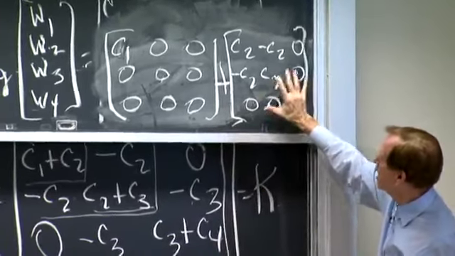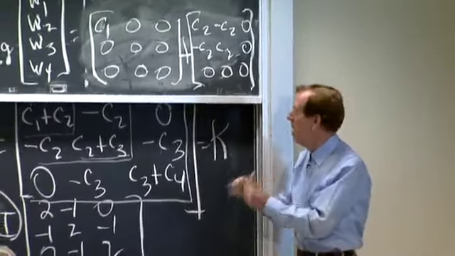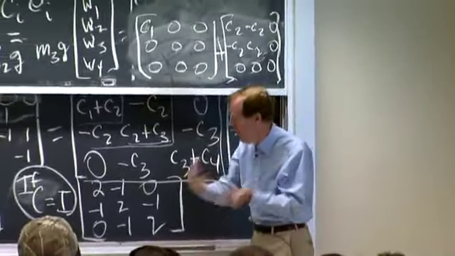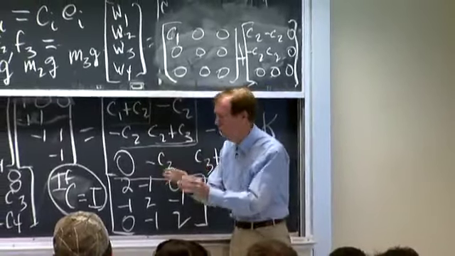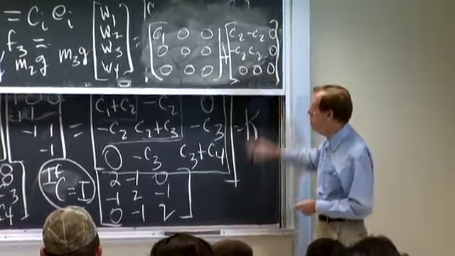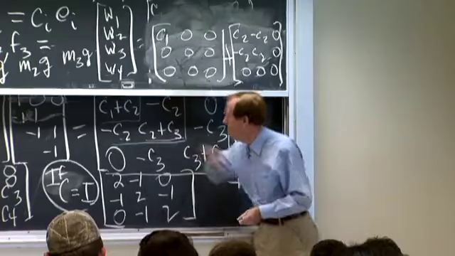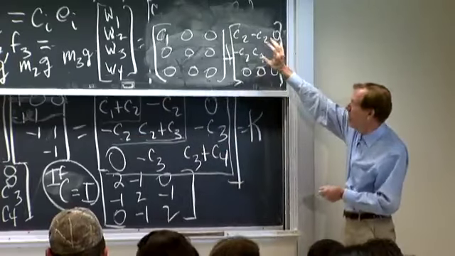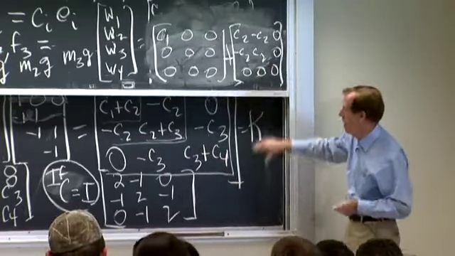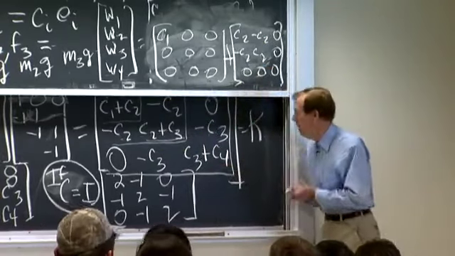Do you see that this part is telling me all about the second spring? This part is telling me what the first spring, the C1, contributes to K. This part tells me the C2 part. You see the C2 part in K, there, minus there, and minus there. The third part from the column times row would be the C3 part, and the fourth part from the fourth spring would be the C4 part.